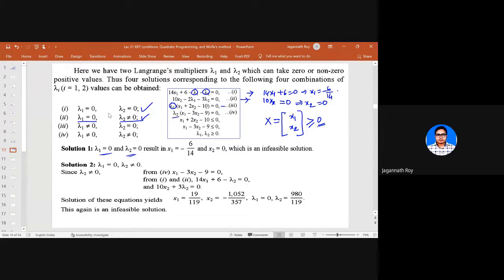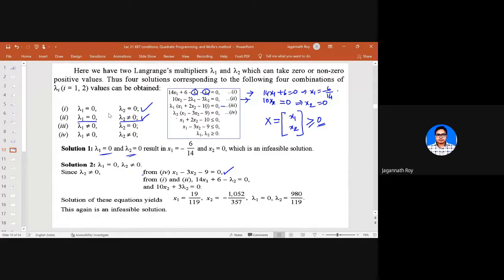But if lambda 2 is non-zero, this will become 0 because the product of two quantities is 0. So one of them is non-zero, so the other part is 0. Okay, right. So we make it 0, and then we try to find out the other quantities.